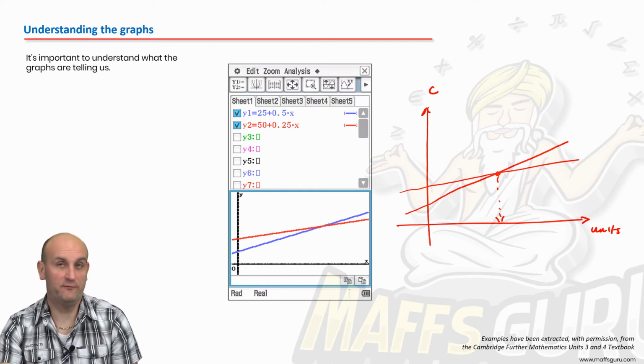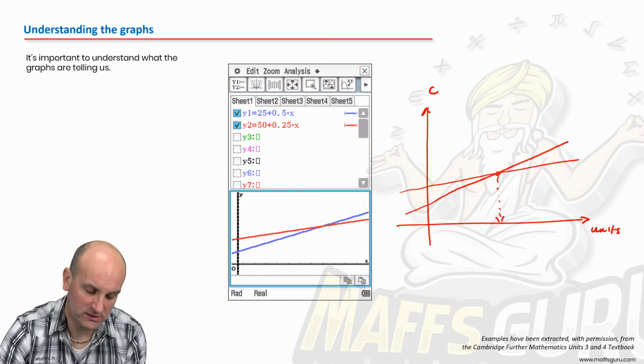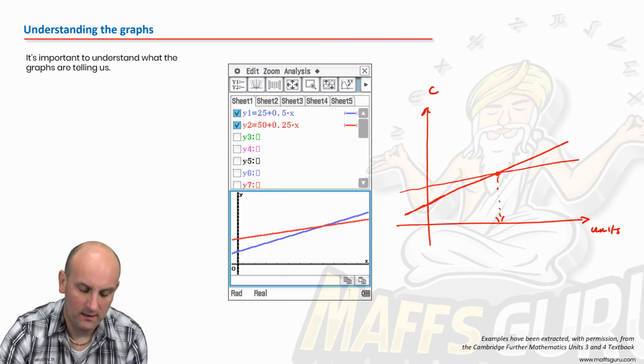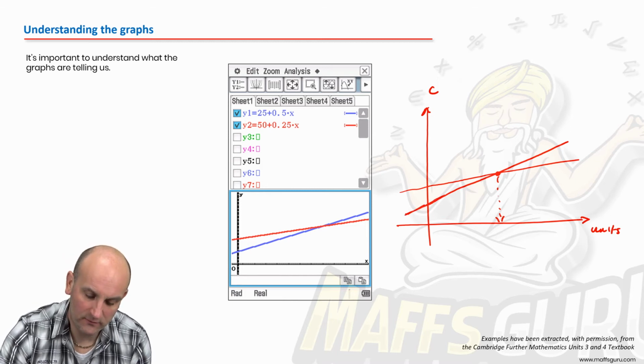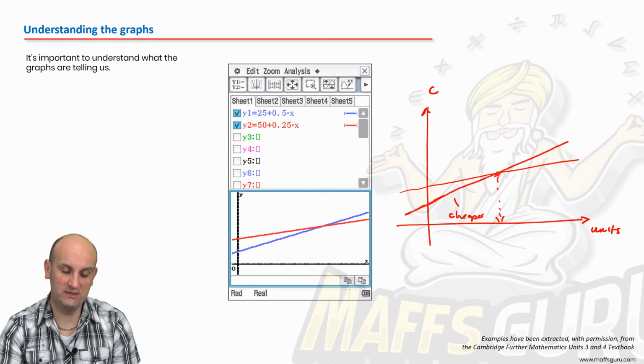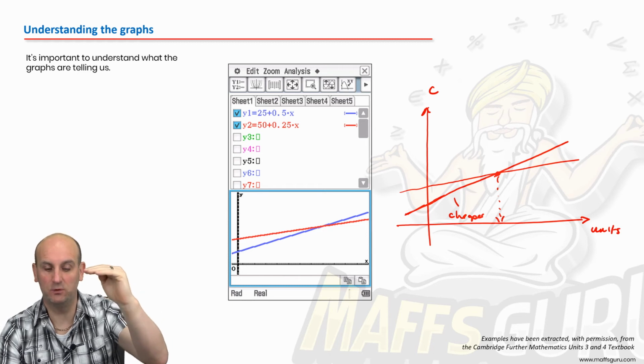After that point, and before that point, we need to look and see what's happened. So initially, let's look at this one here. This is my blue line. That suggests that up until this point, the blue line is actually cheaper. So up until that point, it is cheaper for the blue line than it is the red line, because the red line's higher, it's costing more.